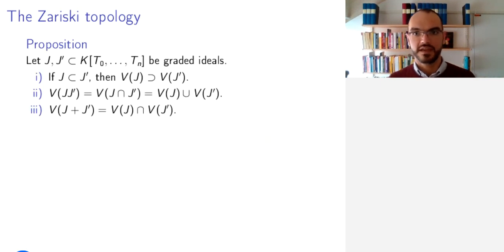As in the affine case, we want to construct a topology. So as in the affine case, with similar techniques, you can prove the following statements. First of all, if two ideals are included in each other, then their zero loci are included in the other direction. Second, the vanishing set or zero locus of a product of ideals is the same as the zero locus of their intersection, which is the union of their respective zero loci.